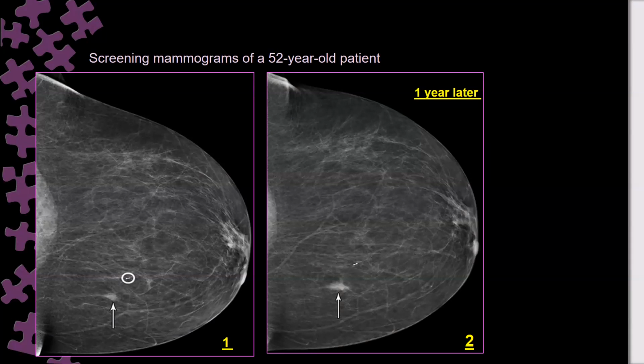Cranial view of left breast, ACR1. Again, there are two images of the cranial view of the left breast. One done after 1 year from the first one. Yes, this is a follow-up. There are two images, one a baseline and one after 1 year.